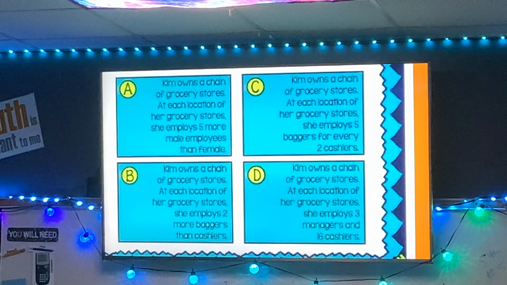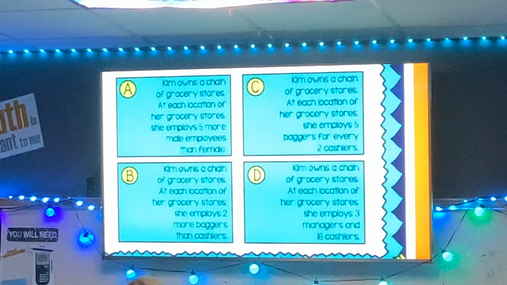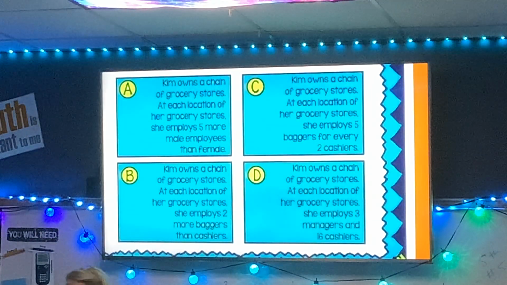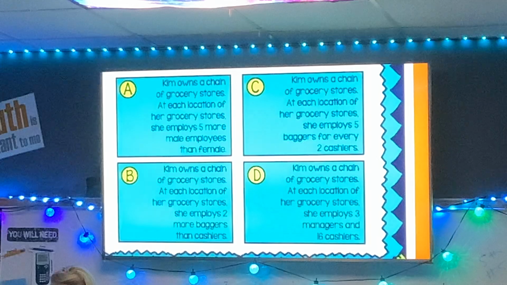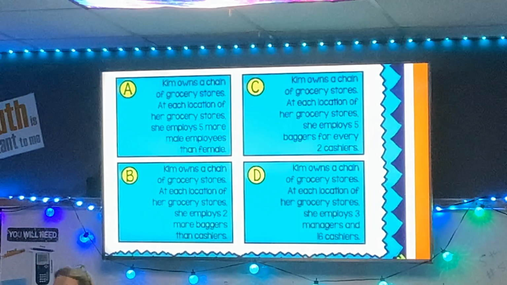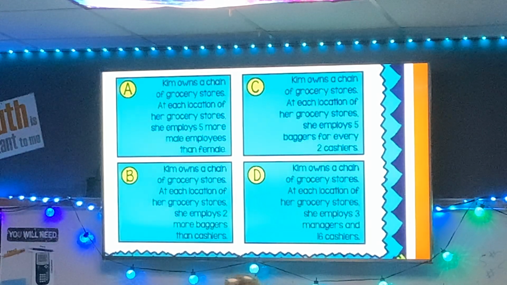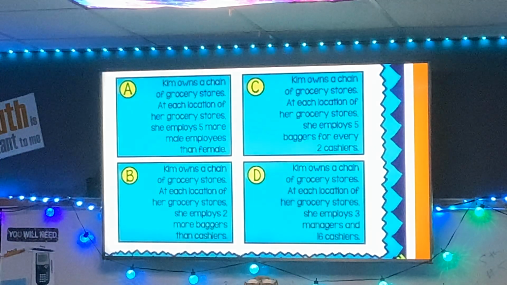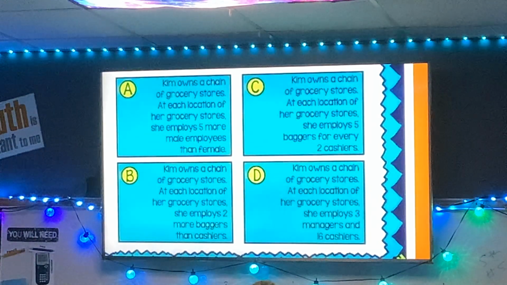At each location of her grocery store she employs 3 managers and 16 cashiers. No ifs, ands, or buts. 3 managers and 16 cashiers, no matter where the store is. Do you see that one? That is your answer. Because do you see how C could change depending on how many baggers she has? Total difference right there.